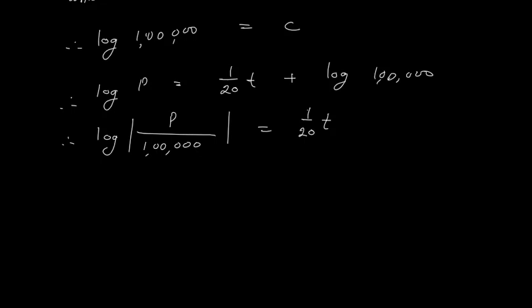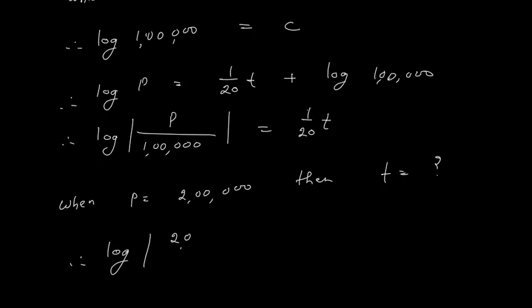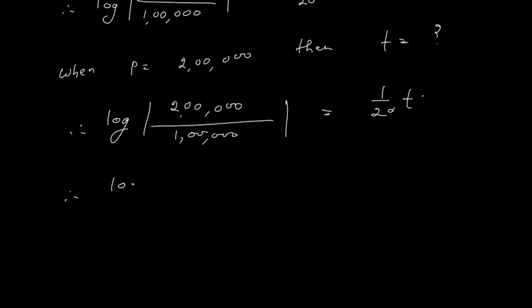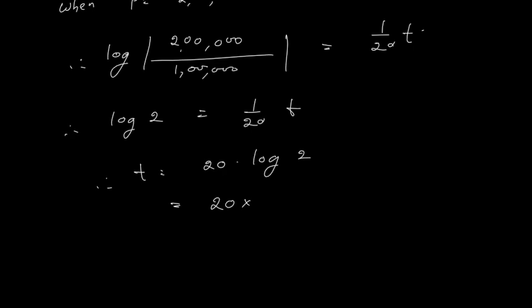So when P is 2 lakh, we have to find the value of T. We put the value of P as 2 lakh, and here it is 1 upon 20 T. So I get log 2 is equal to 1 upon 20 T. Therefore the value of T is 20 into log 2.